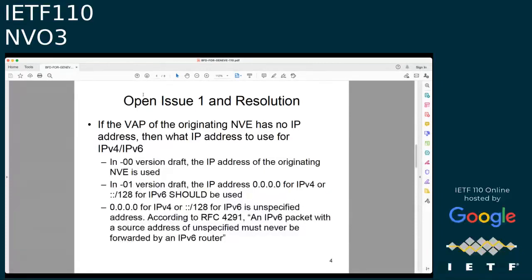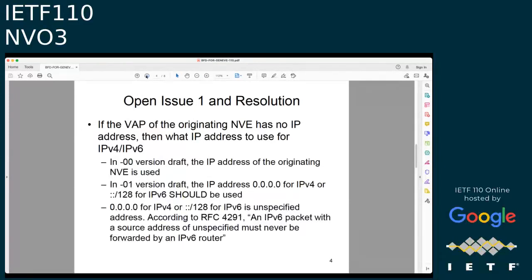That's because 0.0.0.0 for IPv4 or ::/128 for IPv6 is the unspecified address. According to RFC 4291, an IPv6 packet with a source address of unspecified must never be forwarded by an IPv6 router.